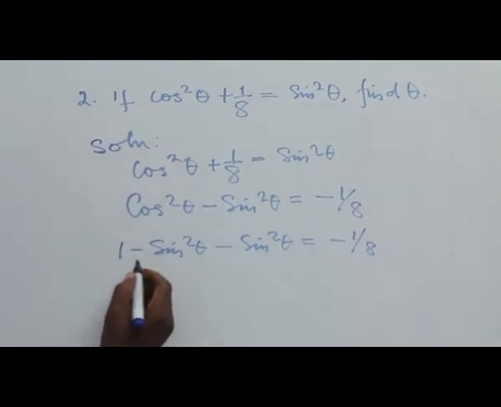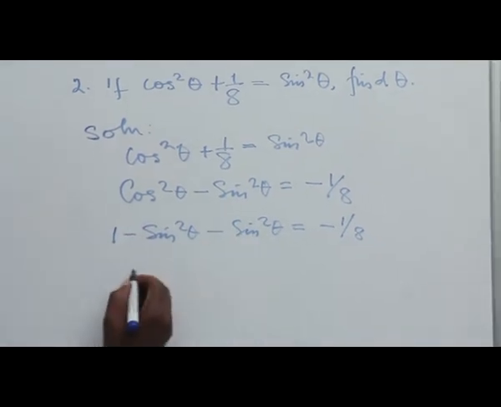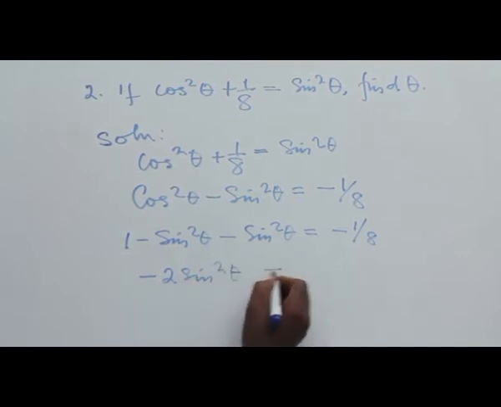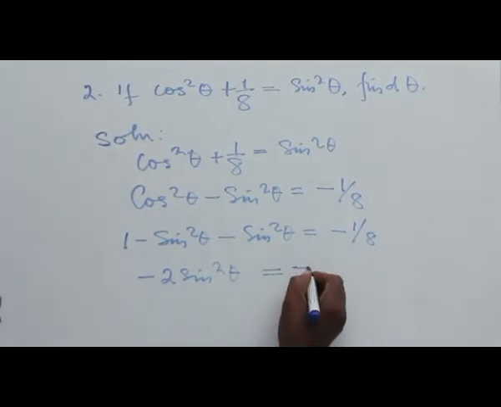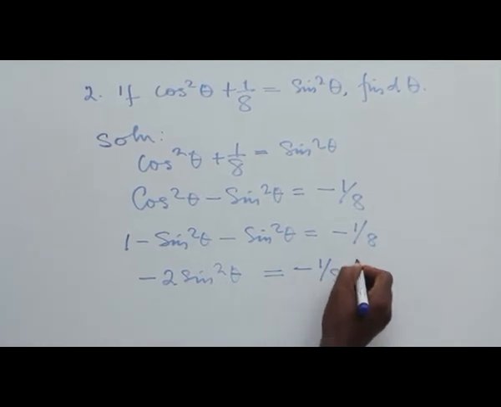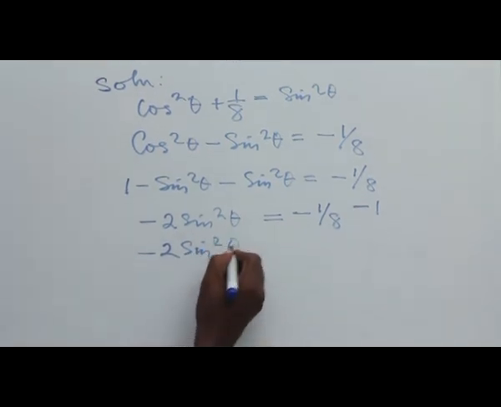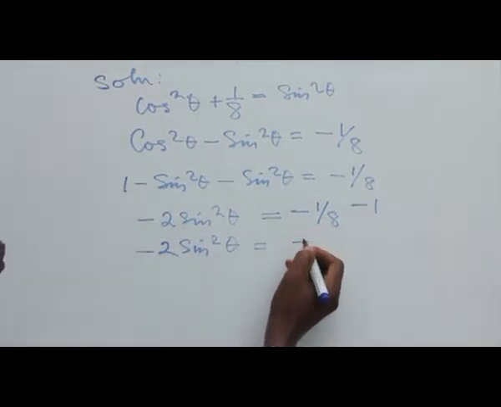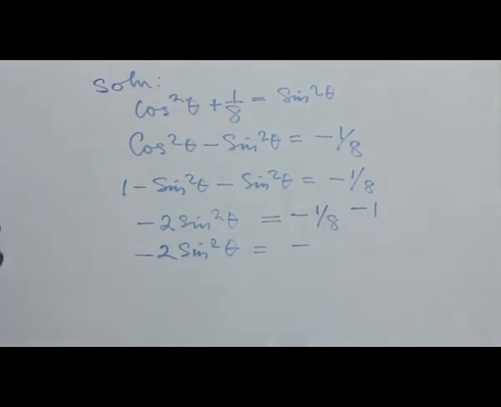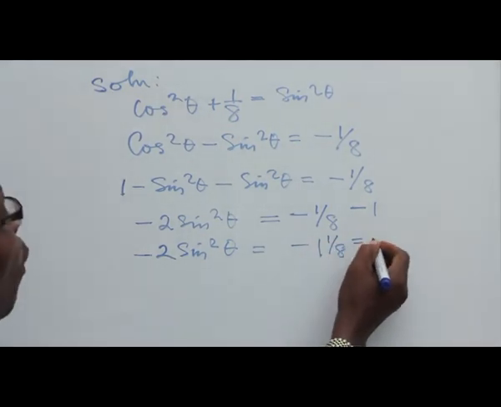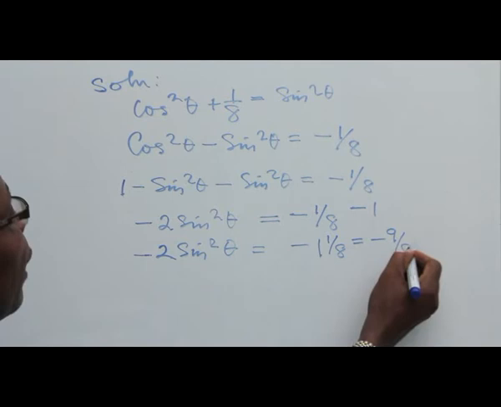Now, collecting like terms, minus sin square theta minus sin square theta will give you minus 2 sin square theta, and everything there is equal to minus 1 all over 8, and then of course minus 1. So this will give you minus 2 sin square theta equal to minus 1 over 8 minus 1, and that is equal to minus 9 all over 8.